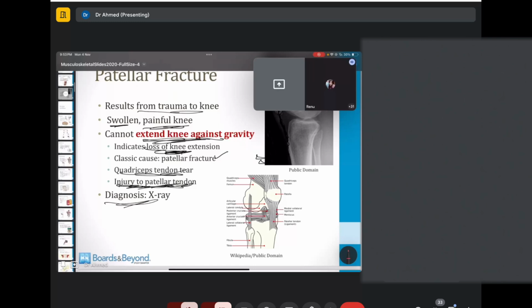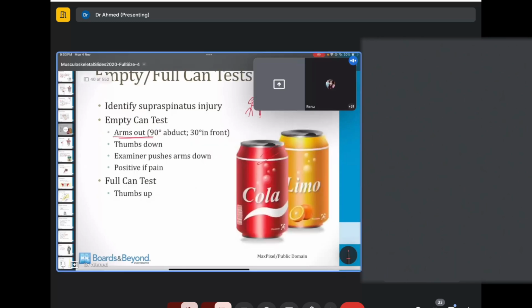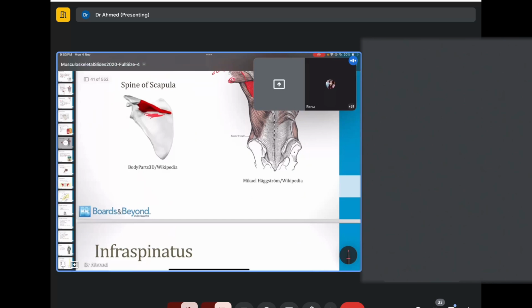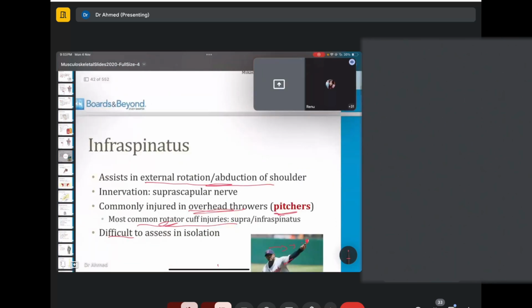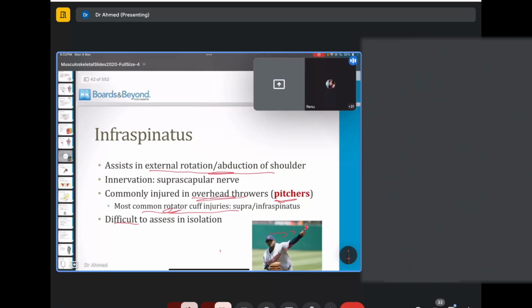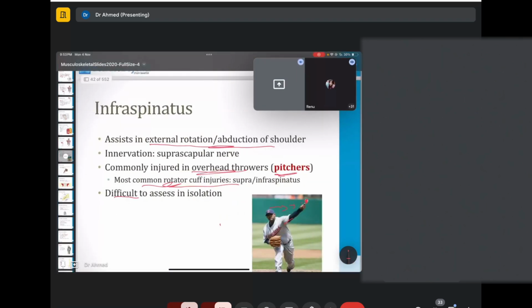It occurs most commonly in swimmers and throwers. Then you have your infraspinatus. As the name suggests, it is below the spine of the scapula.